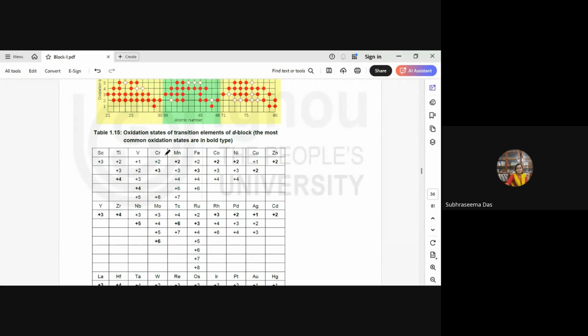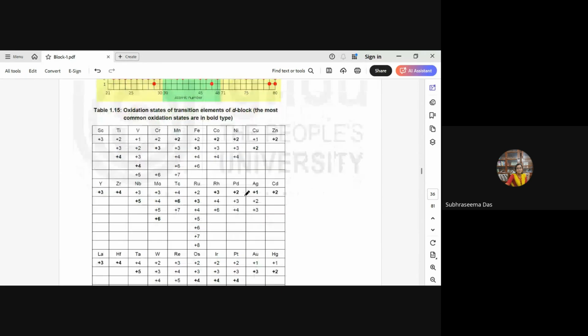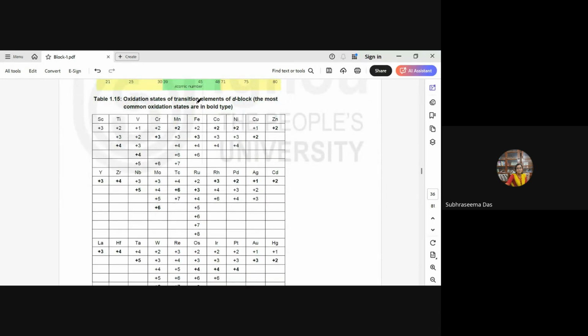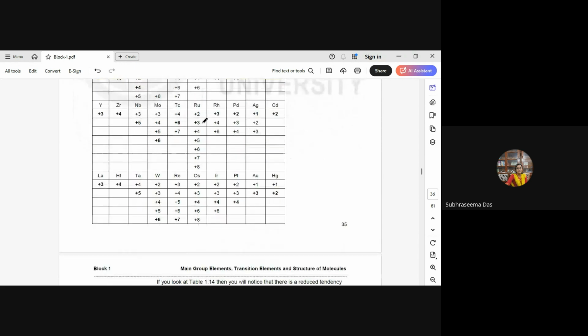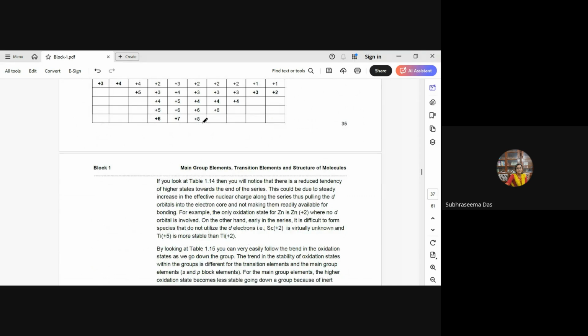Chromium here shows two oxidation states, that is +2 and +3. But when we reach manganese, 5 different oxidation states are possible. Similarly, the element present at the center of the transition series shows the maximum number of variable oxidation states.